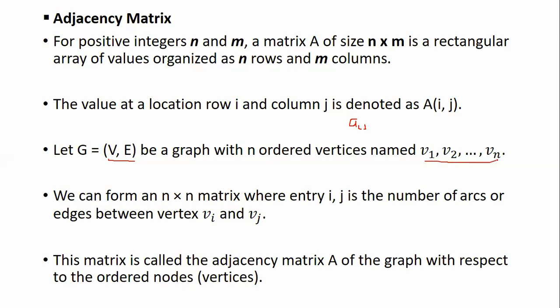Then we can form an n by n matrix, where entry i, j is the number of paths or edges between vertex Vi and Vj.